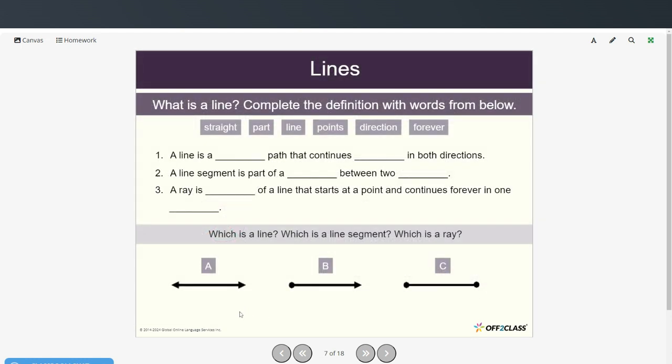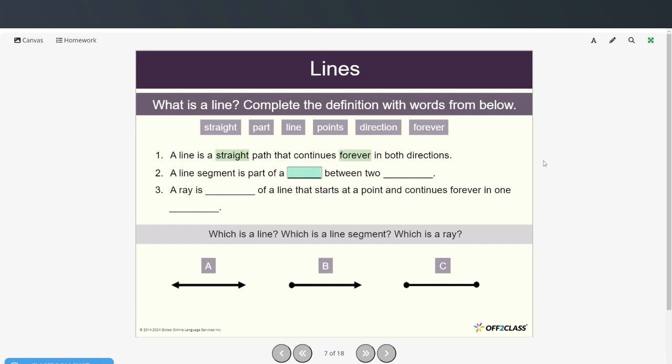Okay, so lines. What is a line? Complete the definition with the words from below. Again, you can pause the video, try it on your own, and then restart when you're ready to check your answers. So a line is a straight path that continues forever in both directions.